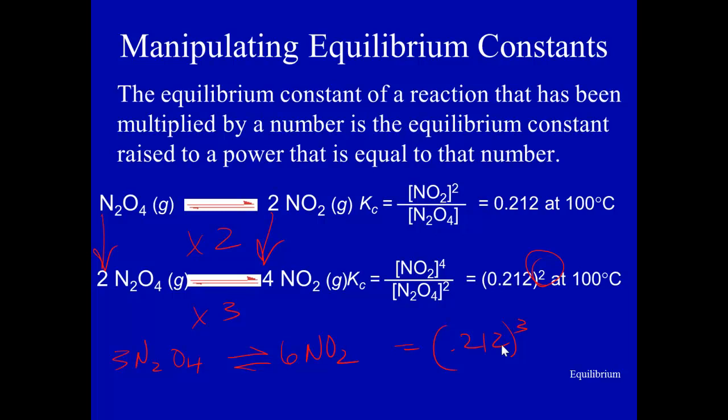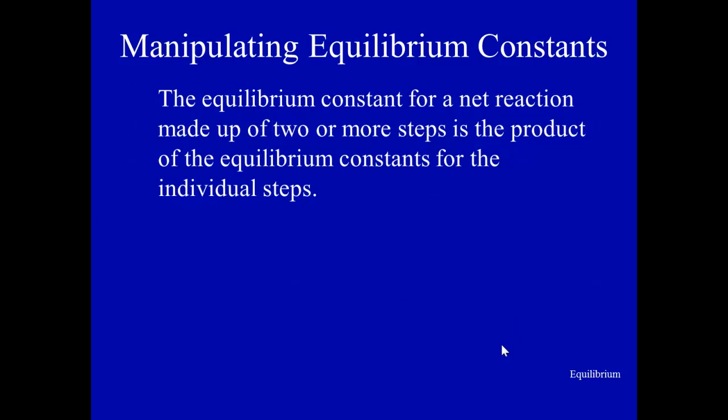Okay, now if we are adding and subtracting reactions, okay, so if we are adding reactions just like the Hess's law, okay, then you would multiply the equilibrium constant. So if I had A makes B and I had C makes D, okay, and let's say my K for this value is 2 and my K for this value is 4.